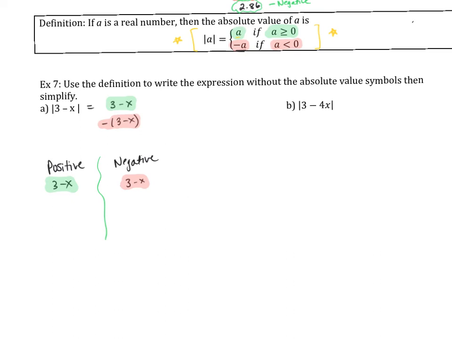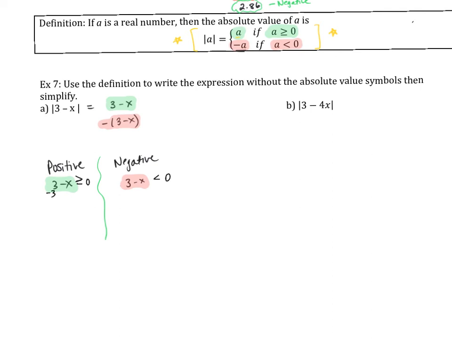Okay, so it really just depends. So what we're going to do is just do a little bit of work. It's going to be the exact same as what went in if it was 0 or anything greater than 0. And it's going to need to be the opposite if what is our input into absolute value is negative. So that happens when 3 minus x is less than 0.